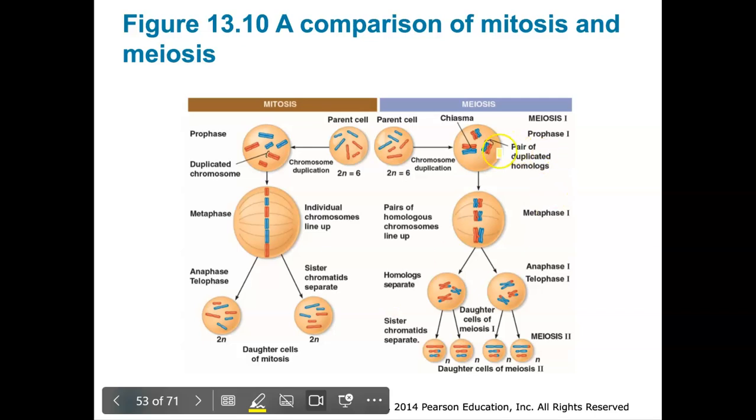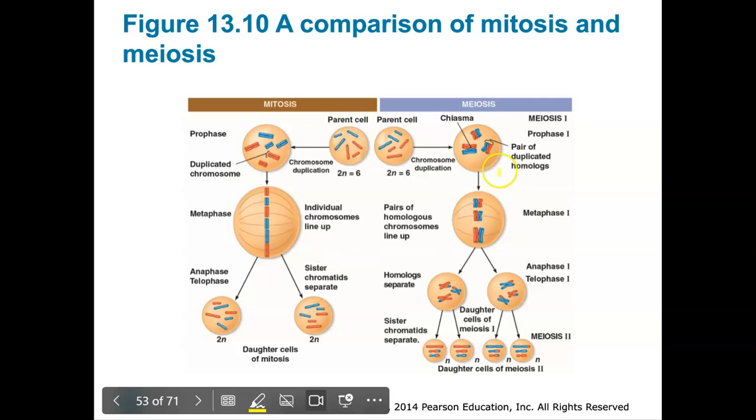So you can compare for meiosis 1, you can see metaphase over here on the right is homologous pairs lined up in the middle, and then metaphase over here on the left of mitosis. Metaphase 1 of meiosis is when you have homologous pairs lined up. In metaphase of mitosis, you have all of the chromosomes lined up individually at the metaphase plate.